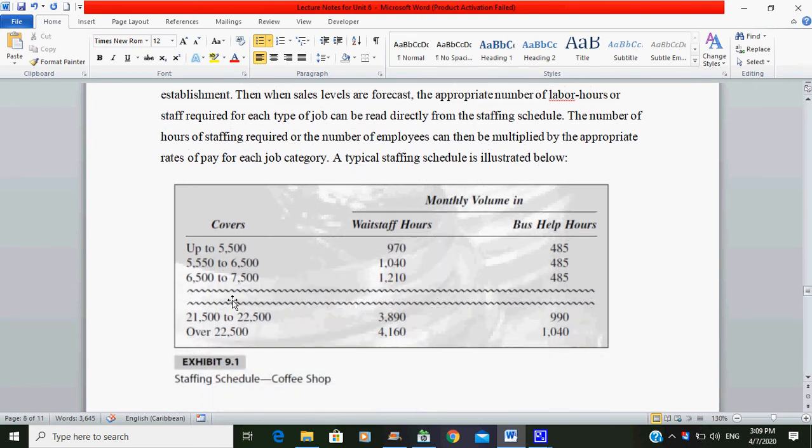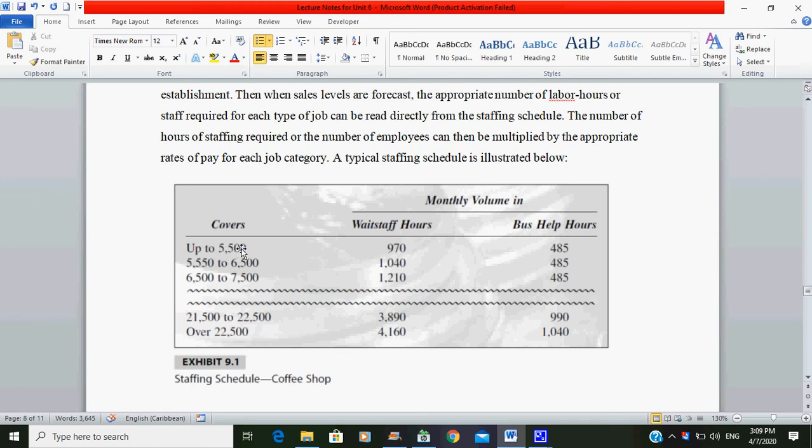As you see right here, you have the amount of hours. Now these covers are the amount of guests that the waiting staff would have covered. So it's up to five.